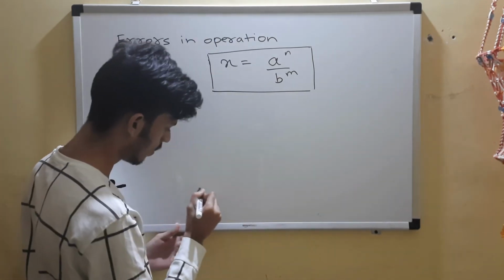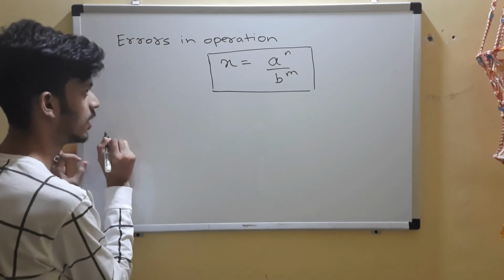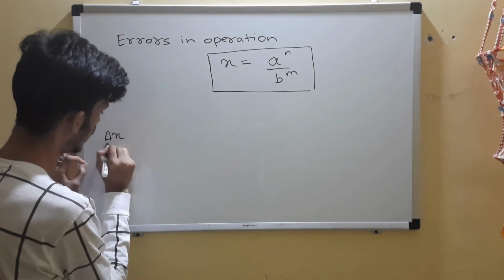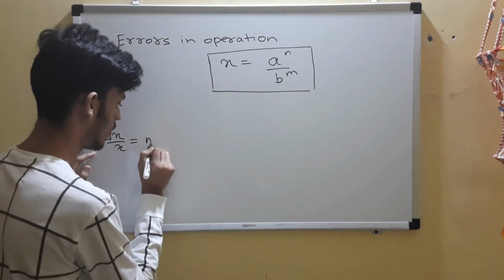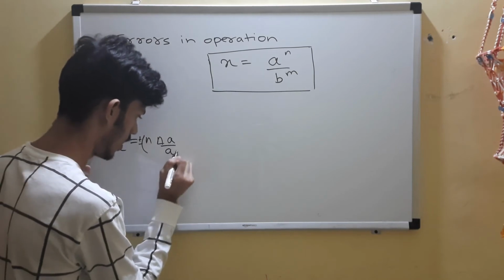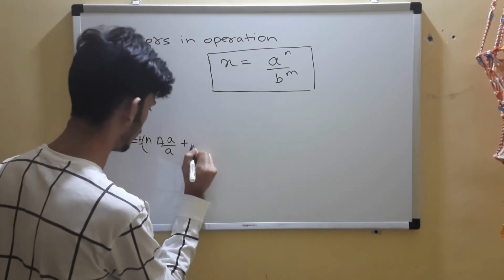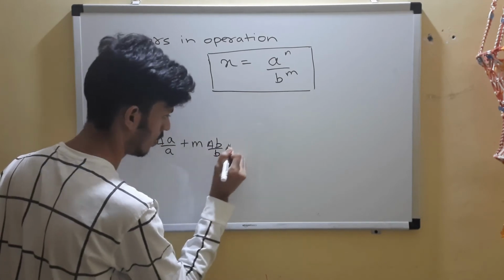You can note down the final result. I'll write it here. It says delta x by x is equal to the relative errors, of course, plus minus n into delta a by a plus m into delta b by b.